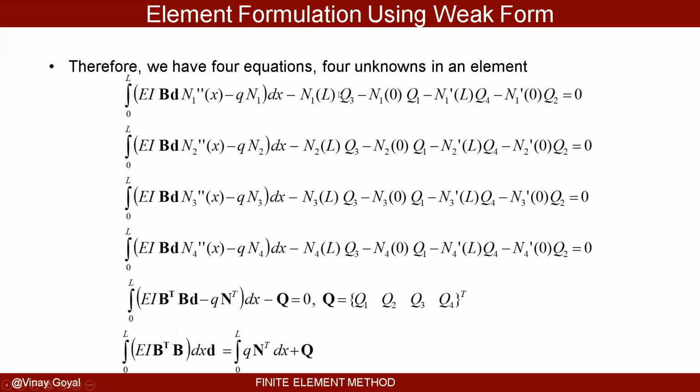And notice how when you work through all this, you're going to get Q1 for the first equation, Q2 for the second equation, Q3 for the third equation, Q4 for the fourth equation. So in reality, you get Q bold, and Q bold is made up of Q1, Q2, Q3, Q4. Now notice that this term has no D bold, so this can be brought to the other side of the equation.